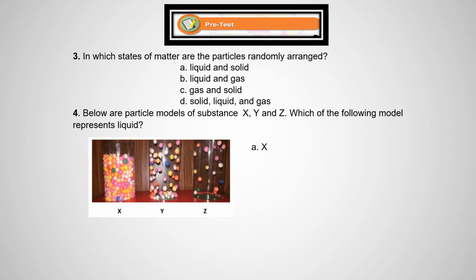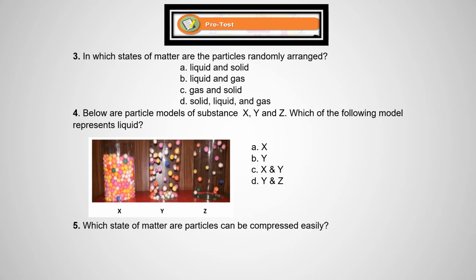A. X, B. Y, C. X and Y, D. Y and Z. Number 5. In which state of matter can particles be compressed easily? A. Solid, B. Liquid, C. Gas, D. Both liquid and gas.